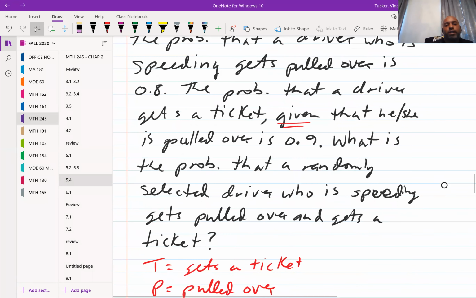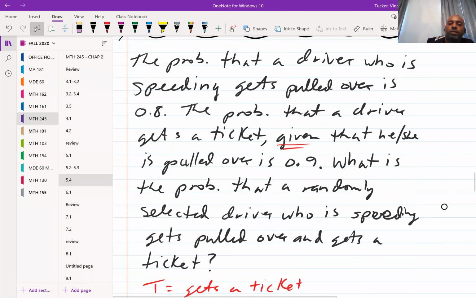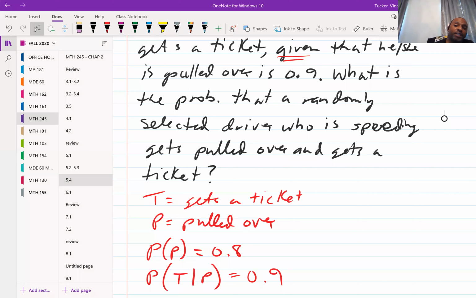All right, let's look at the given information. Call T getting a ticket and P pulled over. So the probability of getting pulled over is 0.8. And then the probability of getting a ticket given that he or she is pulled over is 0.9. So that's the given information. I just put letters to it.